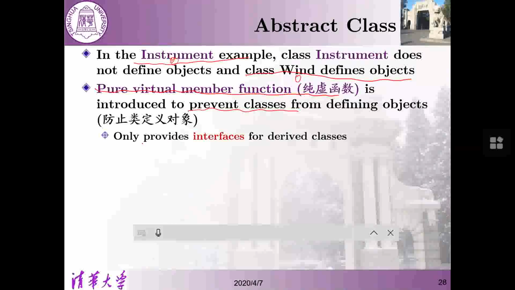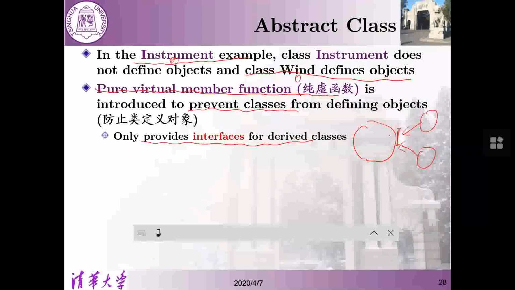So in this case, we only provide interfaces for the derived classes, and also the interface of the abstract class is an interface outside. For example, we have some interface here. This is the abstract class interface, so that another user can use this interface.